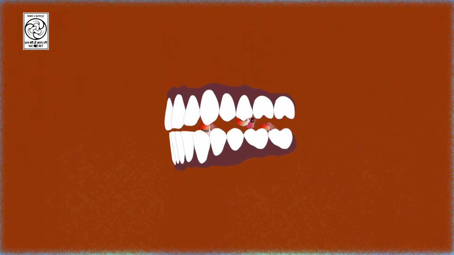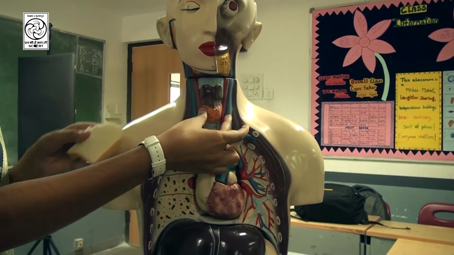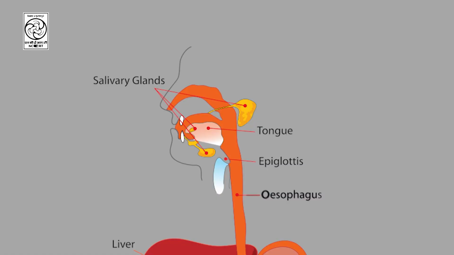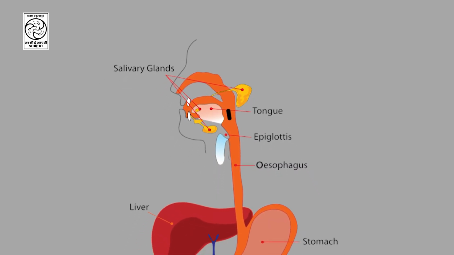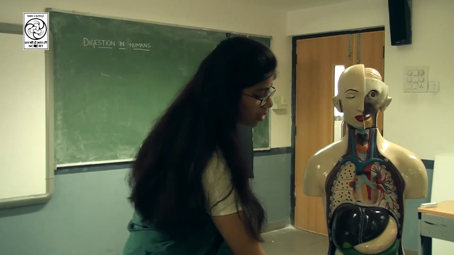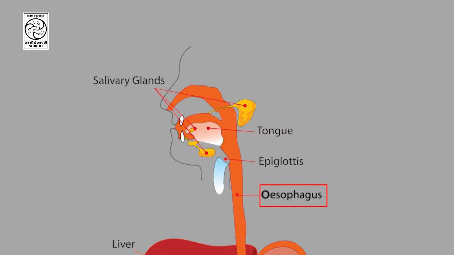So now from the buccal cavity, the food goes down the esophagus, right? The food goes down the esophagus or the food pipe, which is a tube. The food passes down, you can see it better. The yellow tube which you are seeing is the esophagus or the food pipe.